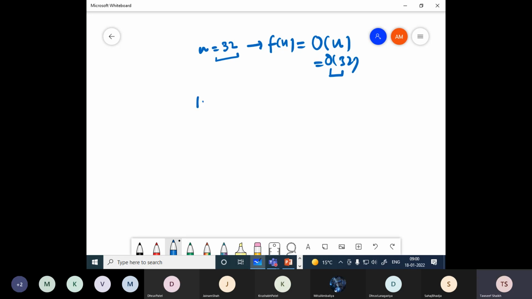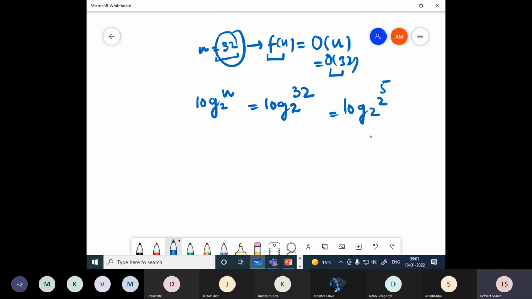Now, if the complexity is not linear, it is logarithmic, which means log n, and the base is always 2 here. So when we put the value n as 32, the total number of storage spaces inside the array, with base 2, we can write log 32 as 5 to the base 2.